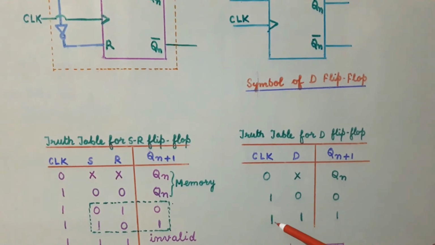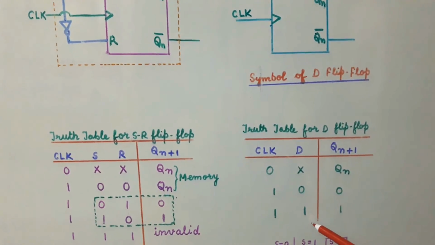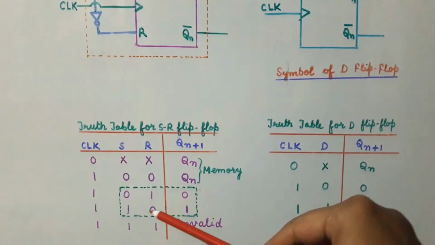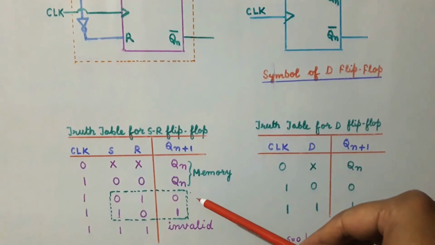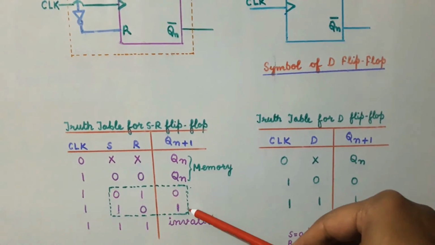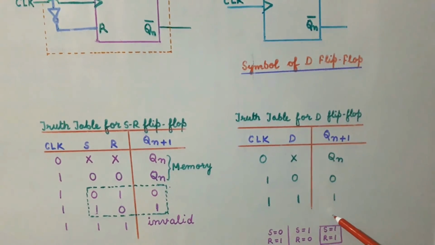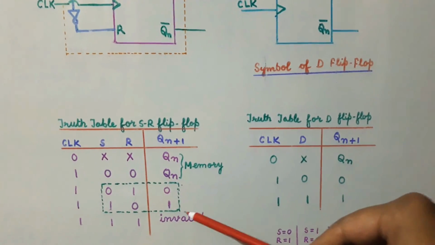Now if the clock is high and the value of D is 1, it means that S will be equal to 1 and R will be equal to 0, and in this case we find that the value of Qn+1 will be 1, as we see from the truth table of the SR flip-flop.